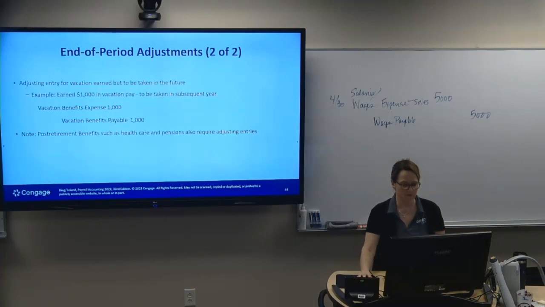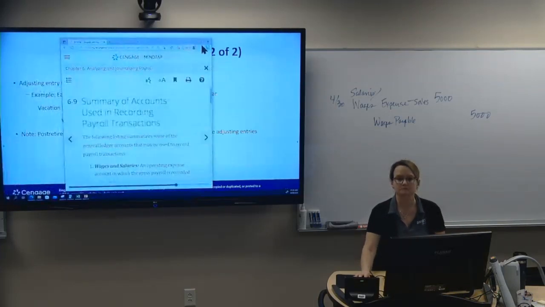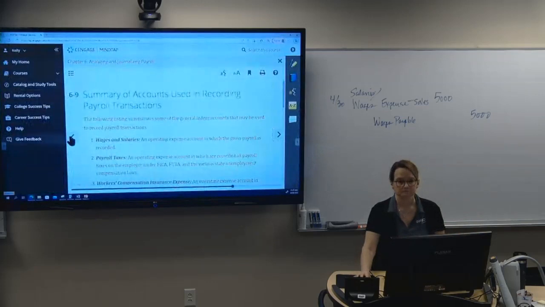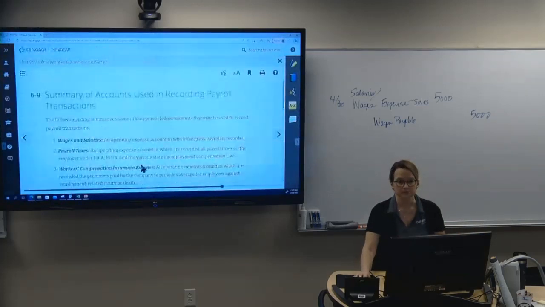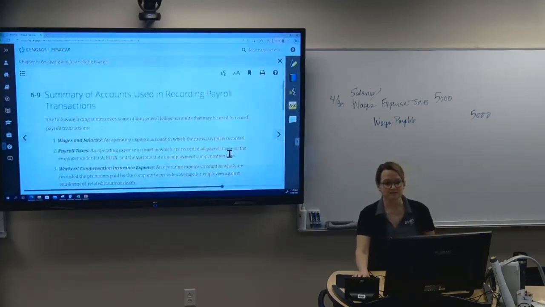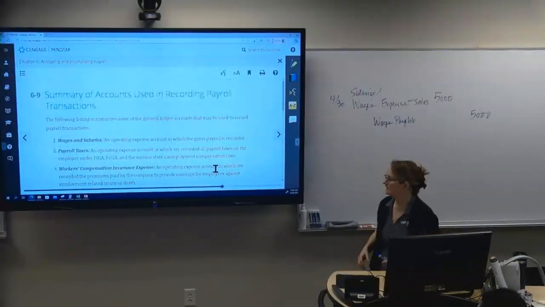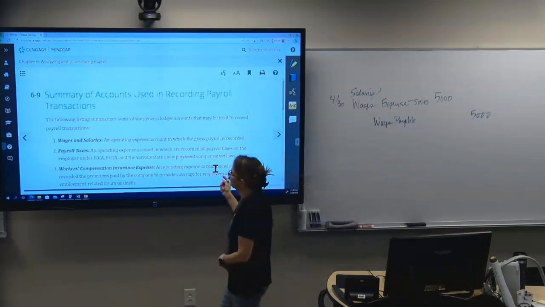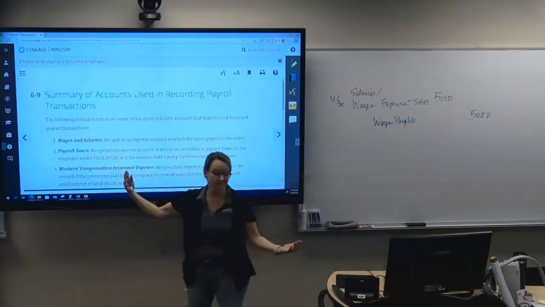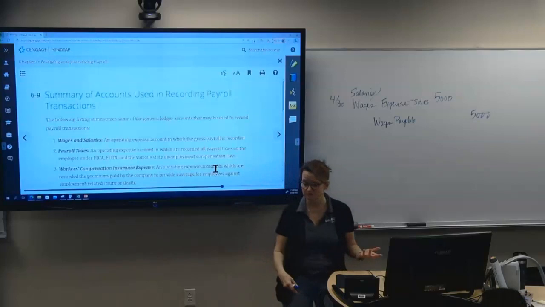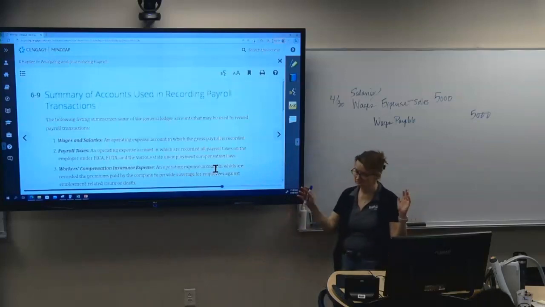And in fact, in your book, this is from the book here, they've got a summary of different types of accounts that are used. They've got here wages and salaries. Either wages and salaries expense, wages expense, salaries expense.